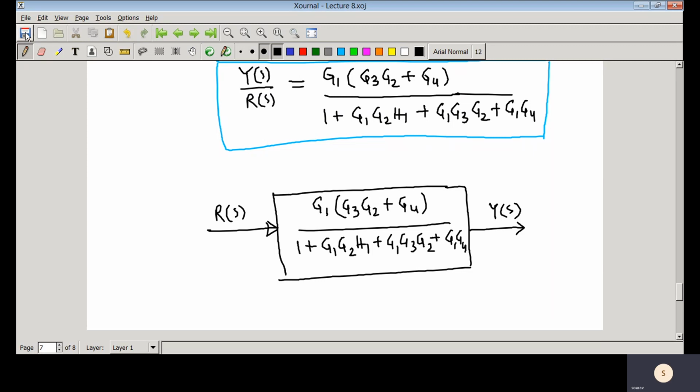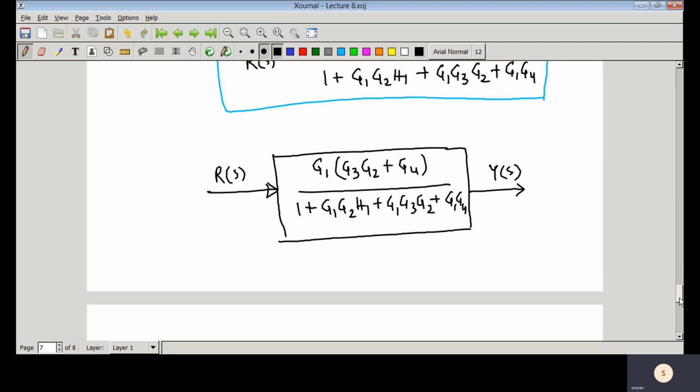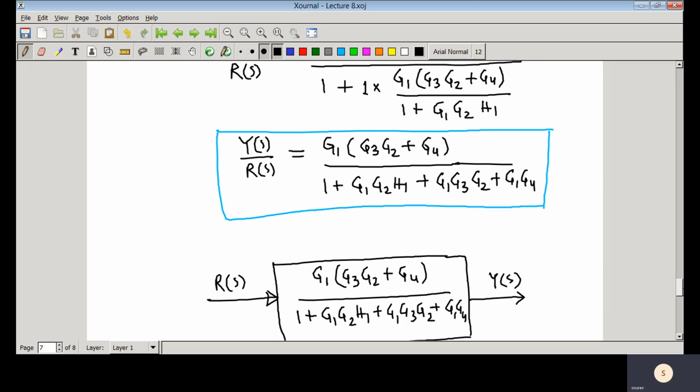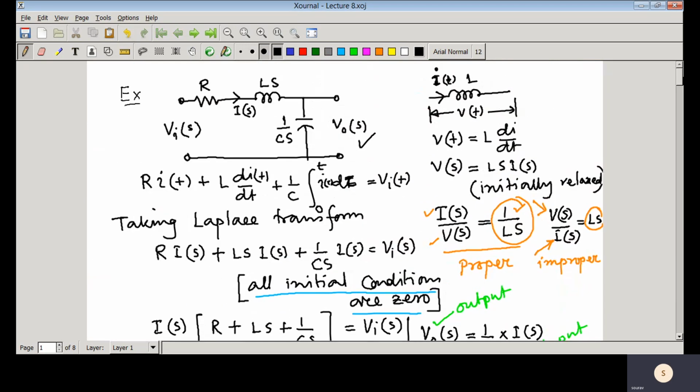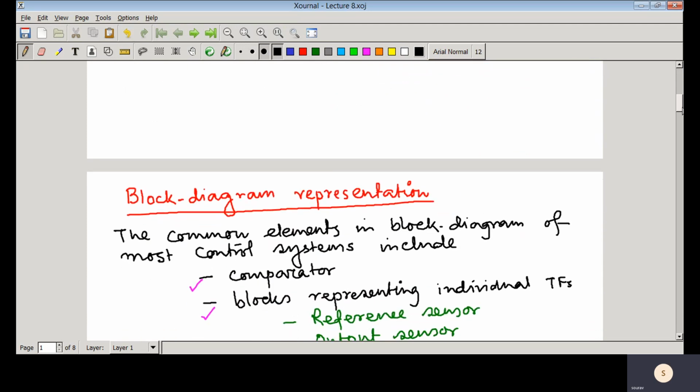Now you can see the transfer function that we have obtained just by applying the block diagram reduction technique. Today we have solved one simple example and derived the transfer function for the series RLC circuit.